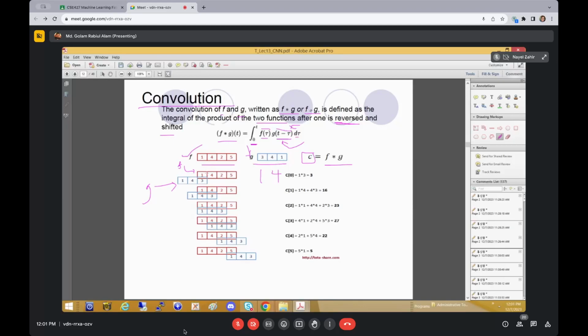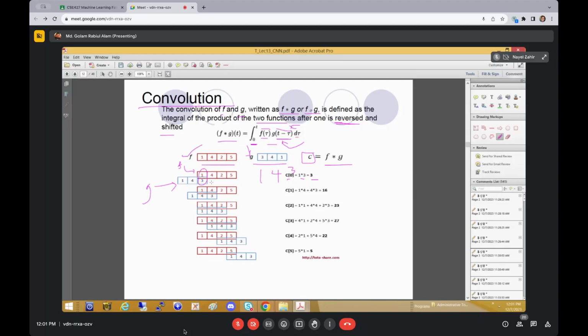Now we apply the operation, which is multiplication, and then we have to shift. At the first stage, the overlap is 3 and 1. So the first value, C0, is 3 times 1, which is 3.